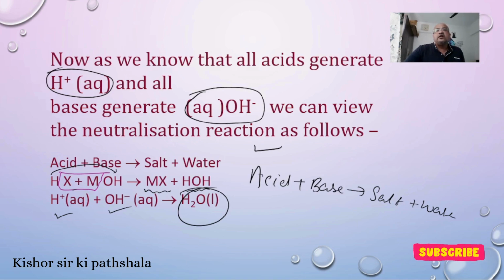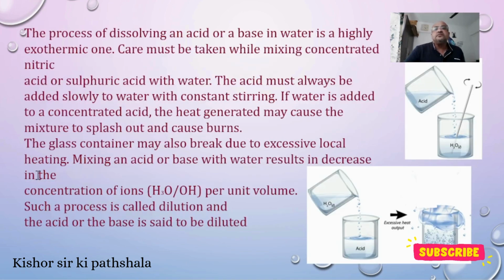Now let's see the process of diluting an acid. How to dilute an acid? The process of dissolving an acid or a base in water is highly exothermic. What is an exothermic reaction? One which gives a tremendous amount of heat.